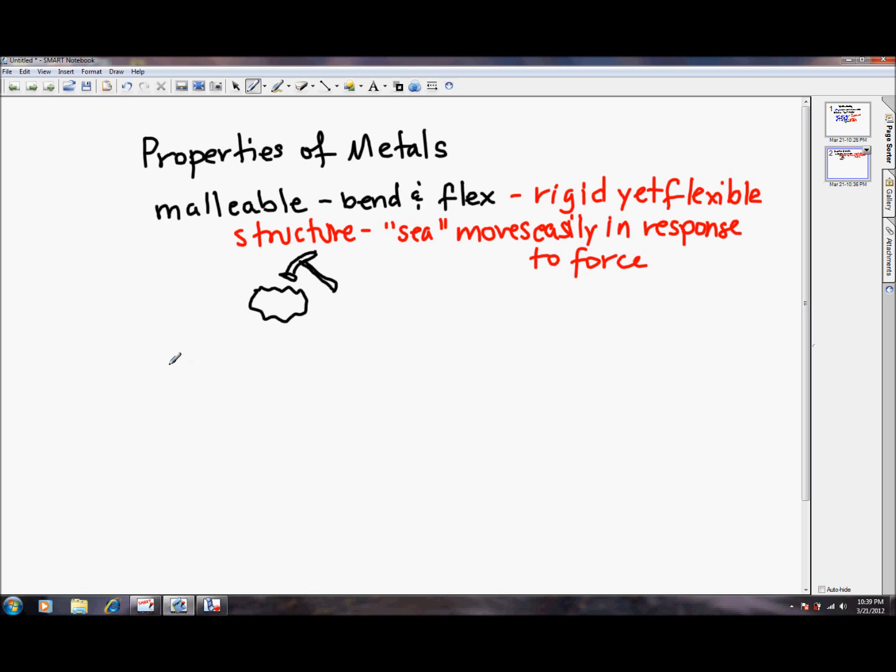Another property of metals is that they're shiny. One reason for this is that since these electrons have a lot more mobility, they have a lot of different amounts of energy, they have the ability then to absorb and release a lot more wavelengths of light. And the more wavelengths of light that are absorbed and released, the closer our eyes see those to white light.